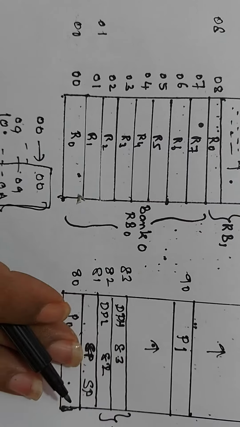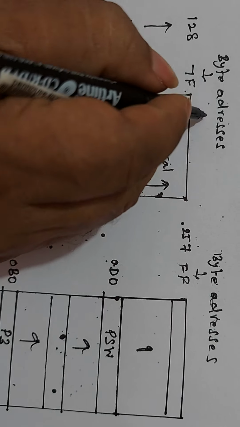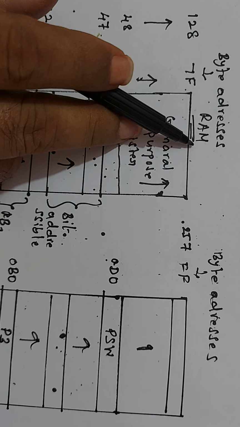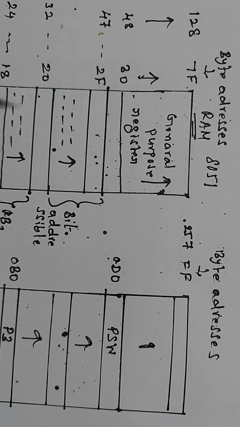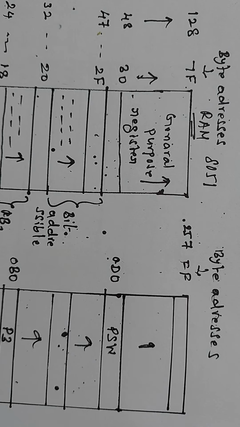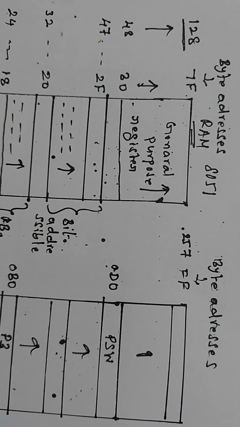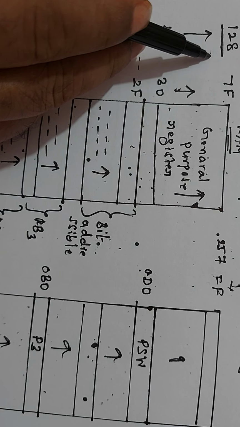Similarly, from 00 to 7F, they are used as RAM memory locations, random access memory locations, in the 8051 microcontroller. So in the 8051 microcontroller, there are totally 127 bytes of RAM locations, and including 0, there are 128 RAM locations. Each RAM location is assigned by its byte address.